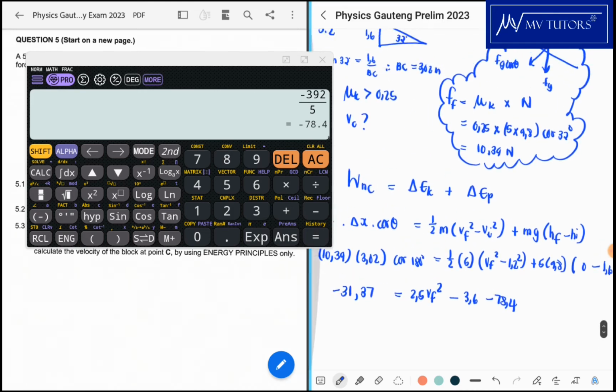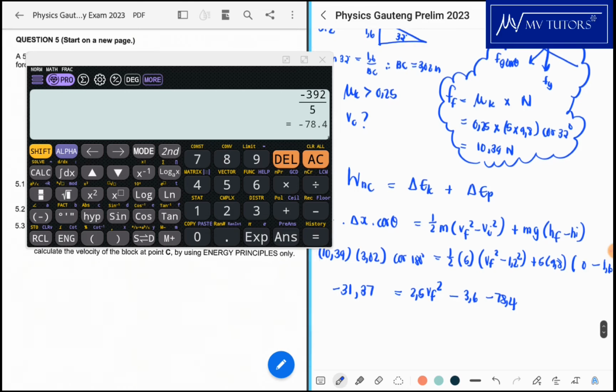All right. Now let me just do this. We have negative 2.5 final velocity squared. And then if I say negative 3.6 minus 78.4 plus 31, oh, let me just say C. Okay, actually no, I should have said minus C. Yeah, because I'm expecting a positive.